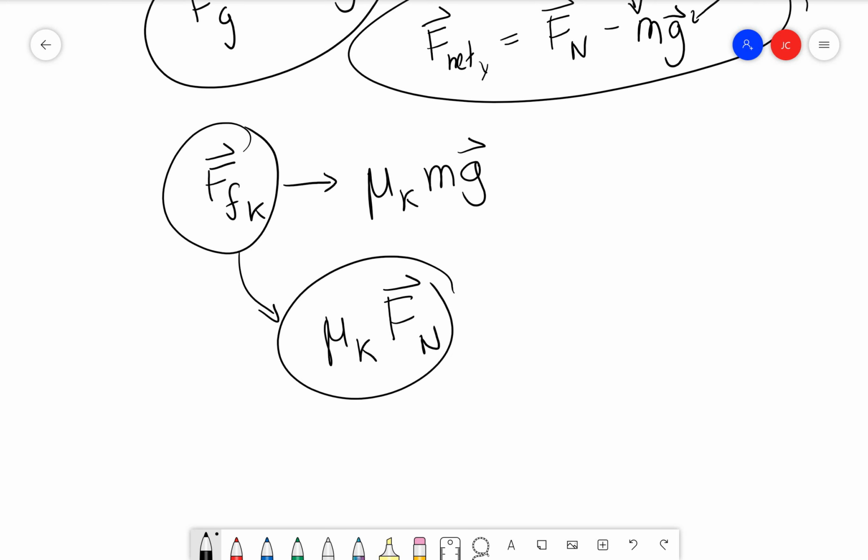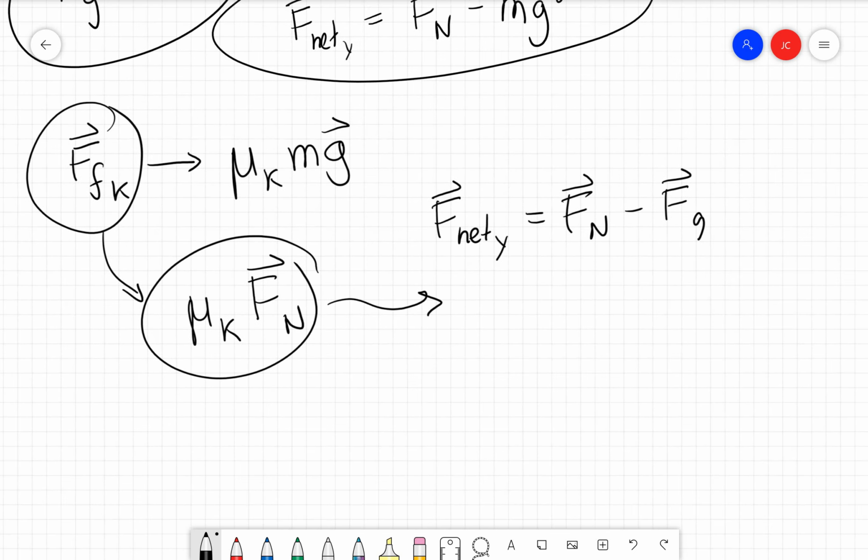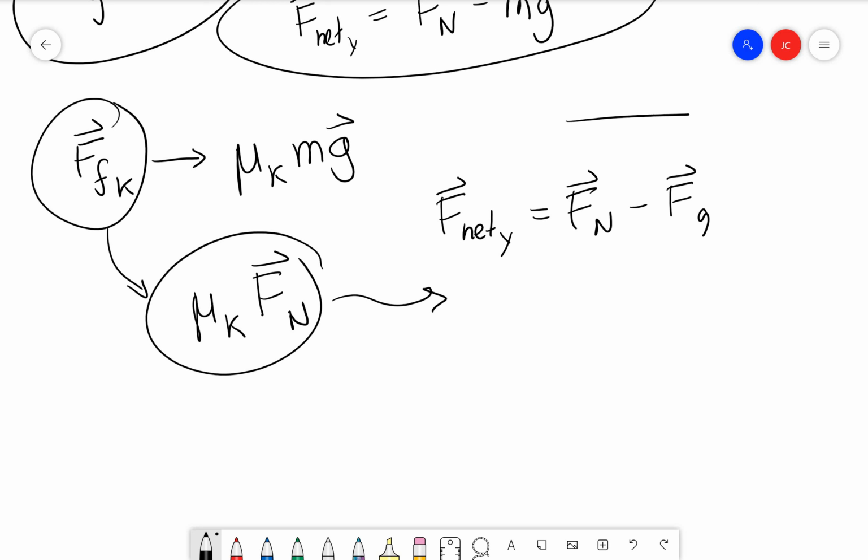And so we go here and we're like, okay, I need to figure out the normal force. So we say, well, the net force of whatever object we're dealing with is usually a normal force minus a gravitational force. Again, not always, but the vast majority of objects which are sitting on something have a normal force and a gravitational force.